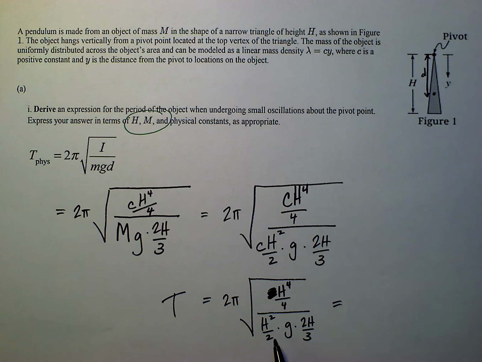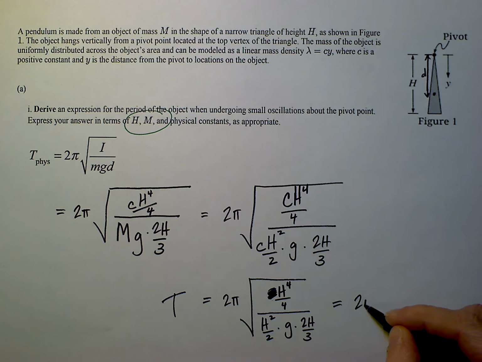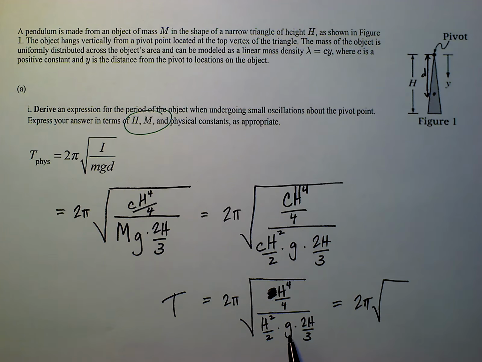So I have h to the fourth, and then at the bottom I have h cubed. So that's going to cancel out and just give me an h. I'm going to have a g on the bottom. And then I've got 4 over 4 here, and I've got 6 that I'm going to flip up to the top.